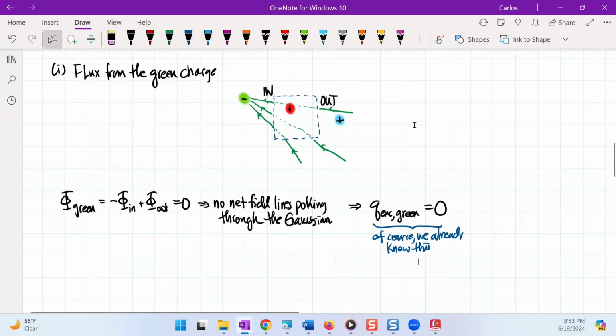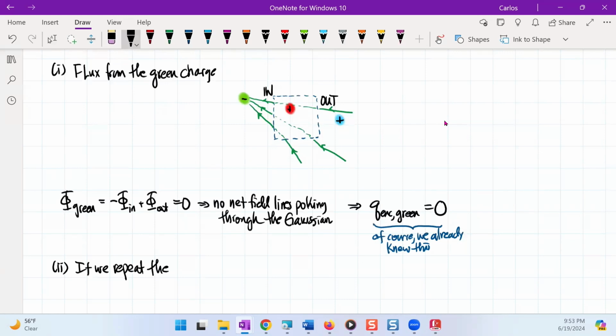Now, look what I could do next here. Now I look at the blue charge. Now the blue charge is very similar to the green charge. So now, if we repeat the same process for the blue charge, we conclude that the flux of the blue is going to do the exact same thing.